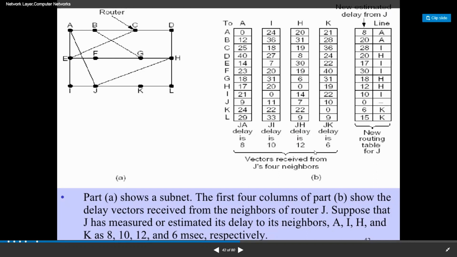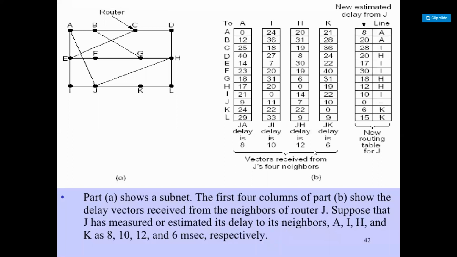These are the estimated delays, or estimated distances, from J to its neighbors. From these neighbors' routing tables, we need to draw the new routing table for J.